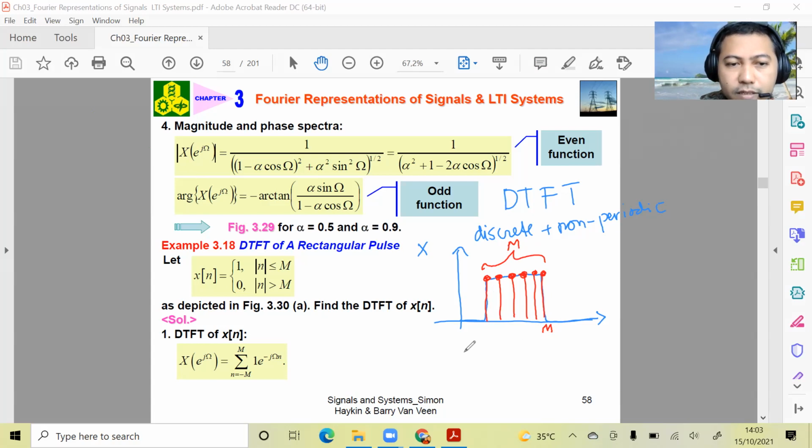So we can write this signal xn as being like this. The magnitude is 1 for n less than m.